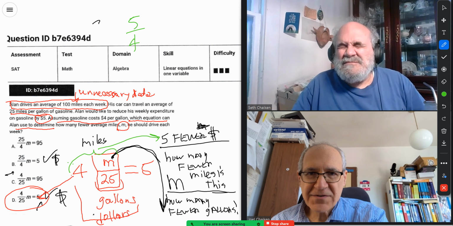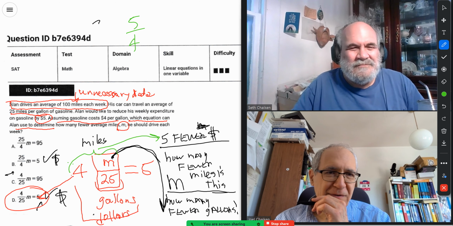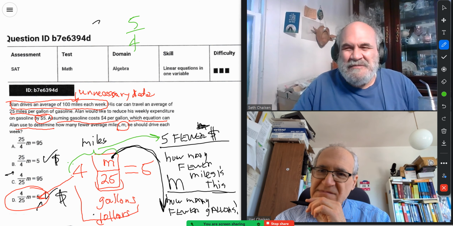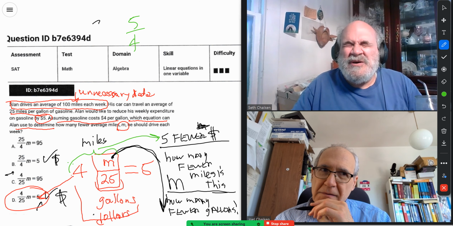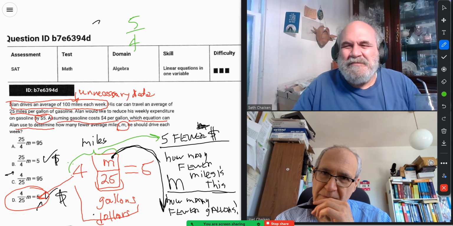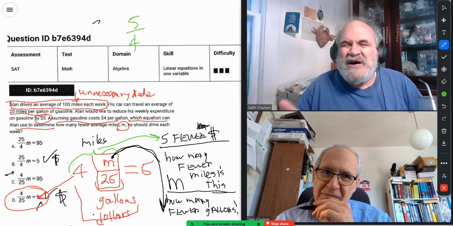Wait, what did you say? Okay, you want to save $5. So how many fewer gallons should you use? Or how many gallons does it take to go 5 miles? Exactly.